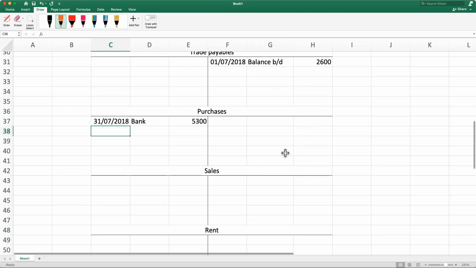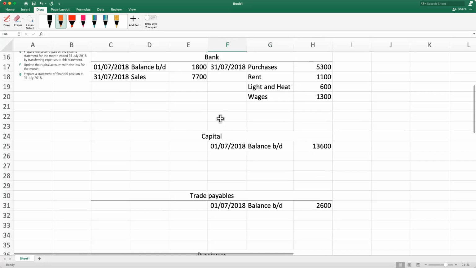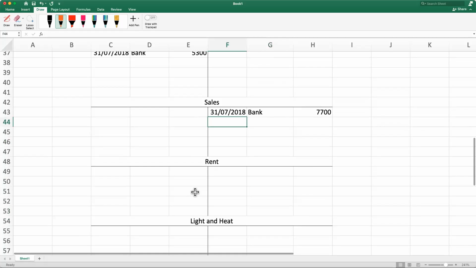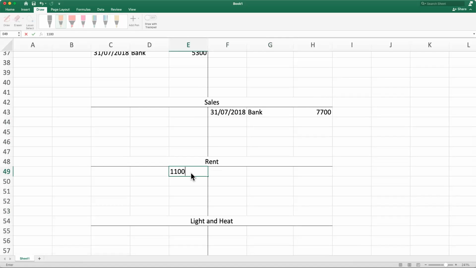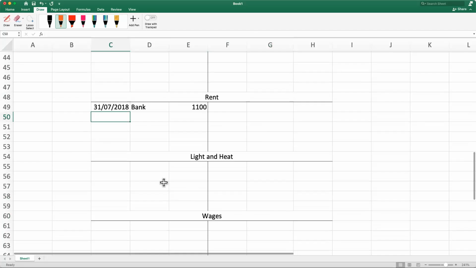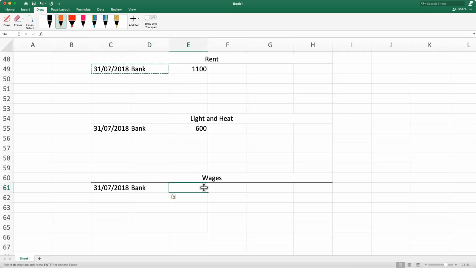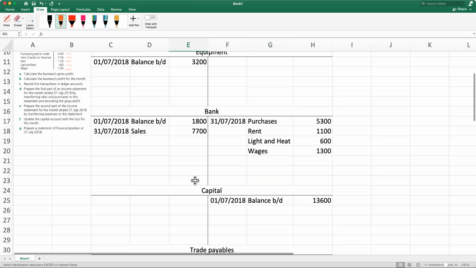You debit here, you credit here. Rent, 1,100 credit, 1,100 debit. Light and heat, 600. Wages, 1,300.